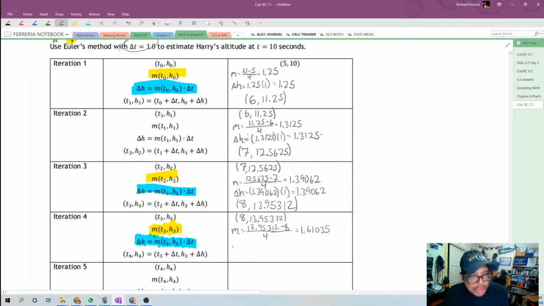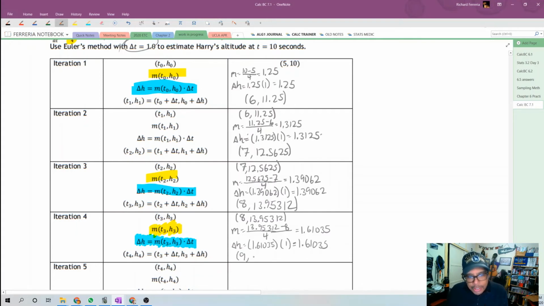Delta H is going to be the slope, 1.61035, multiplied by our delta T, which was just 1. And that gives us the same, 1.61035. T plus delta t is 8 plus 1, or 9.